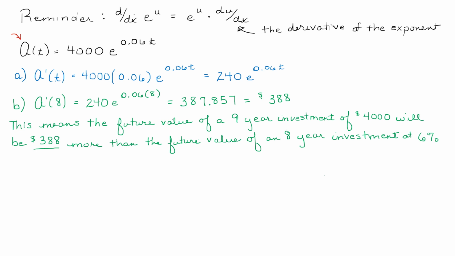We have one part left to go, and they want us to compare the approximation of 388 to the actual change, and they do want 2 decimal places.